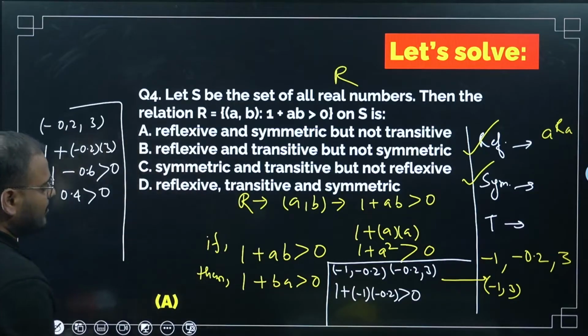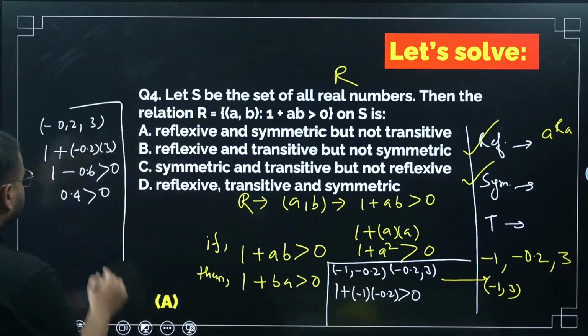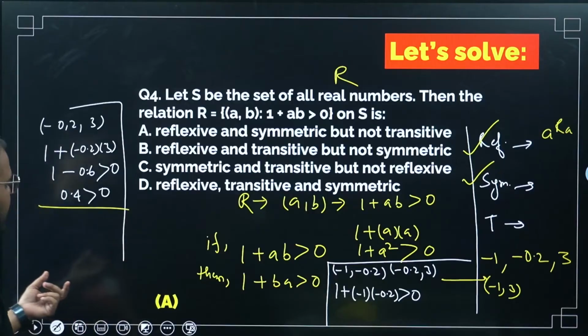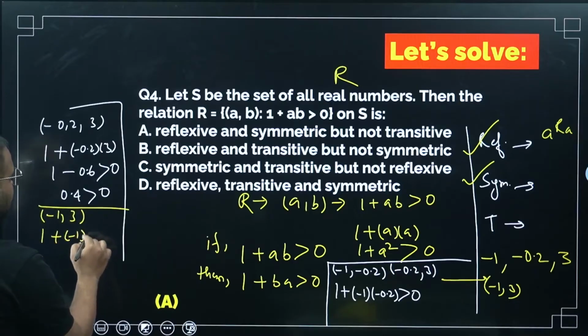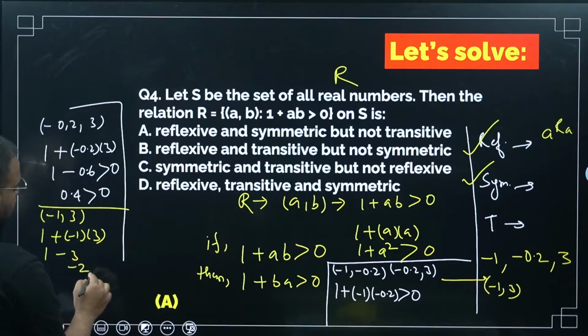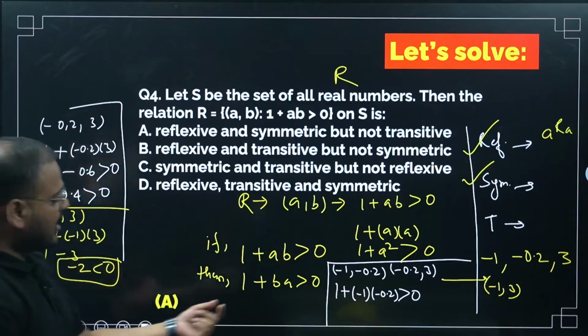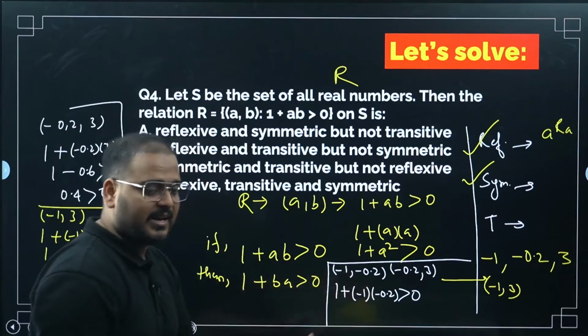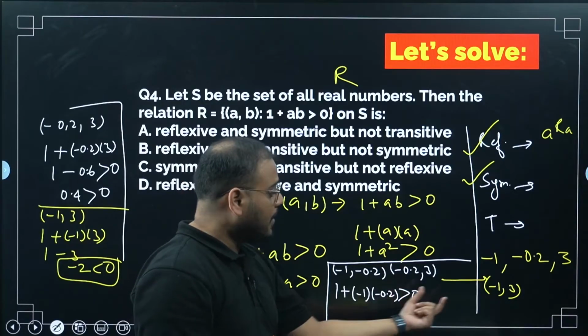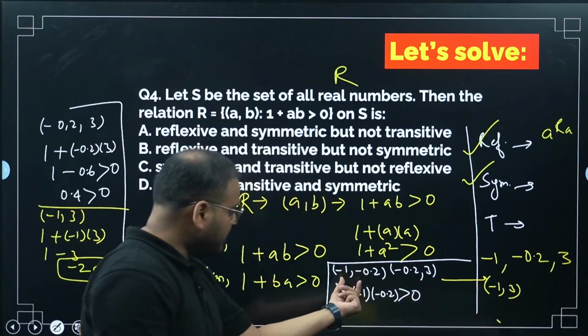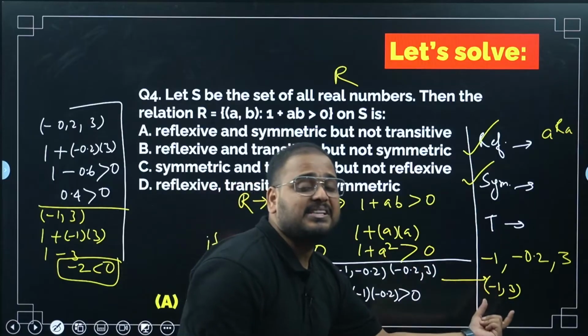What about A comma C? I'll do it here only. A comma C, I'll take it for minus 1 comma 3. It will become 1 plus minus 1 into 3, which is 1 minus 3. How much is that? Minus 2, which is less than 0. So AB is there, BC is there, but AC is not there.